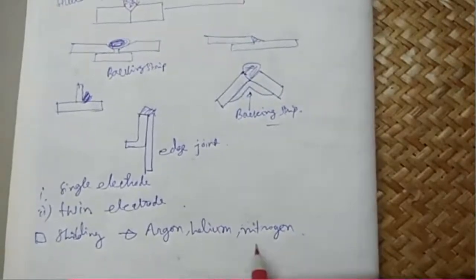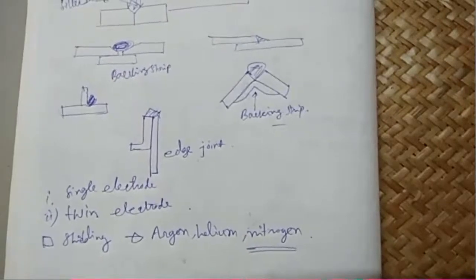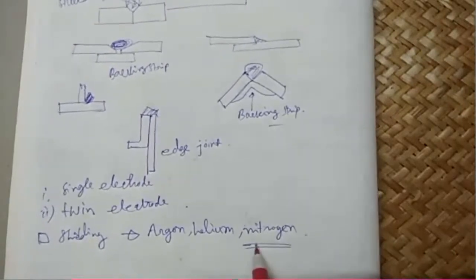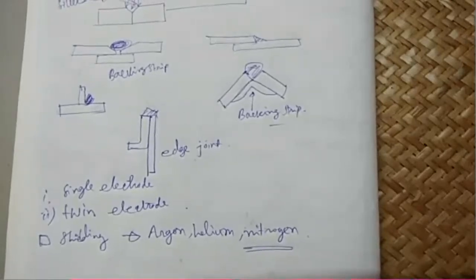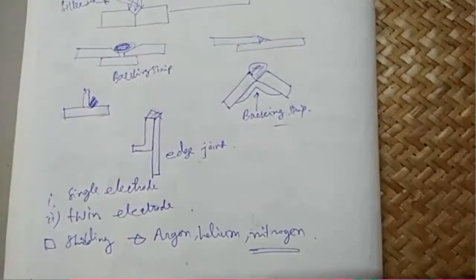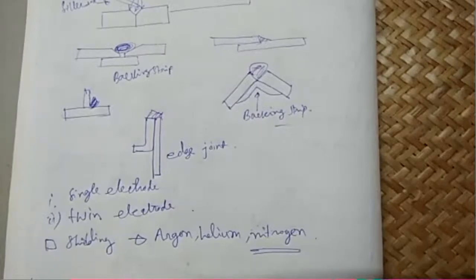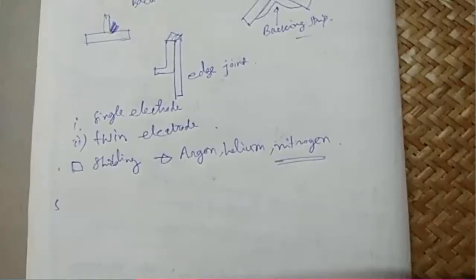Now nitrogen cannot be used in tungsten inert gas arc welding, that is TIG, because nitrogen attacks tungsten. So you have to be very careful when choosing your shielding gas. And in some cases CO2 is also used, because CO2 is very cheap.